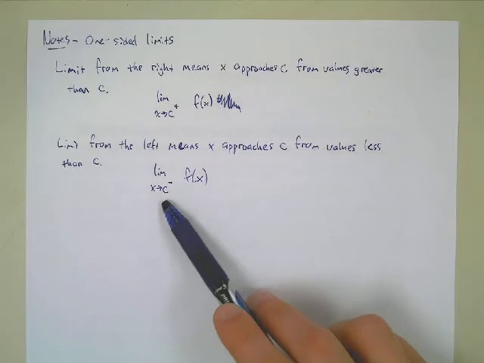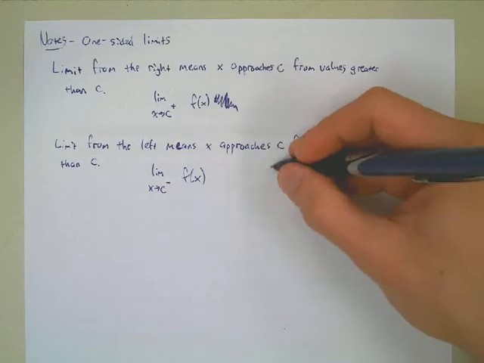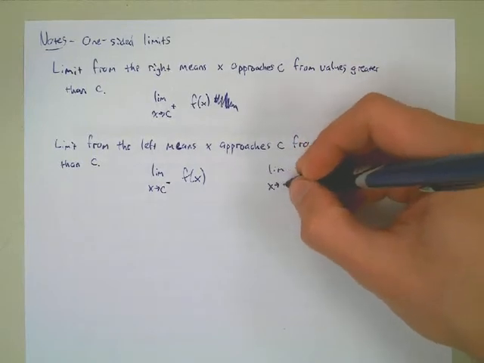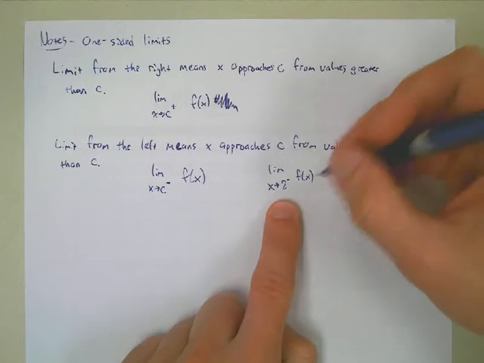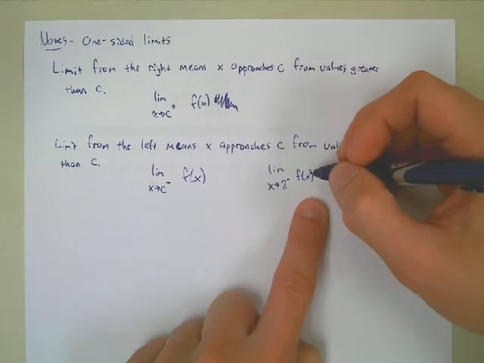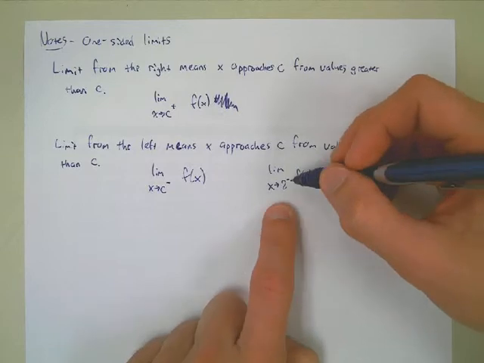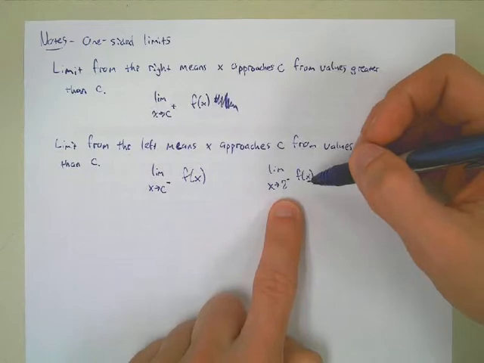Often students will see something like the limit as x approaches 2 from the left of the function, and they read this as a -2, and they just direct substitute in -2. Do not do that. This says the limit as x approaches +2 from the left.